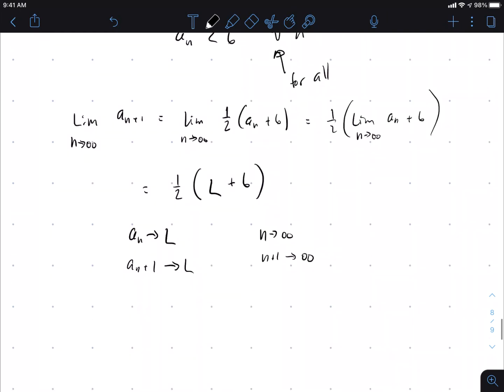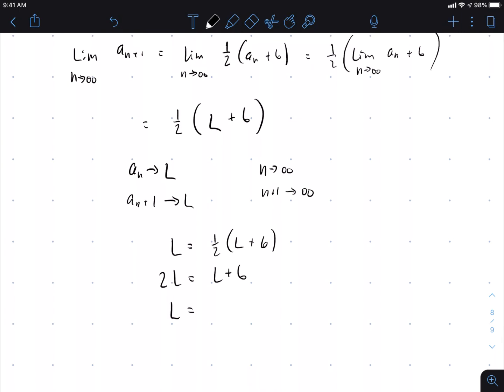So what we end up seeing is L is equal to 1/2 L plus 6. We multiply to get rid of the half, and we see that this thing ends up bounded to be equal to 6. So this equation, I know there's a lot to it, you'll probably want to look at it again.